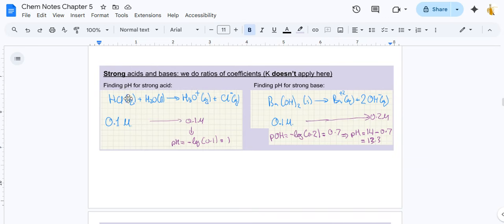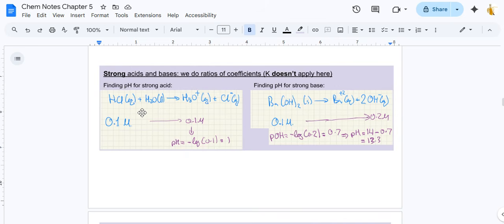So in this example, the coefficient in front of each compound is 1. So it's 1 mole of HCl to 1 mole of H3O plus and 1 mole of Cl minus.